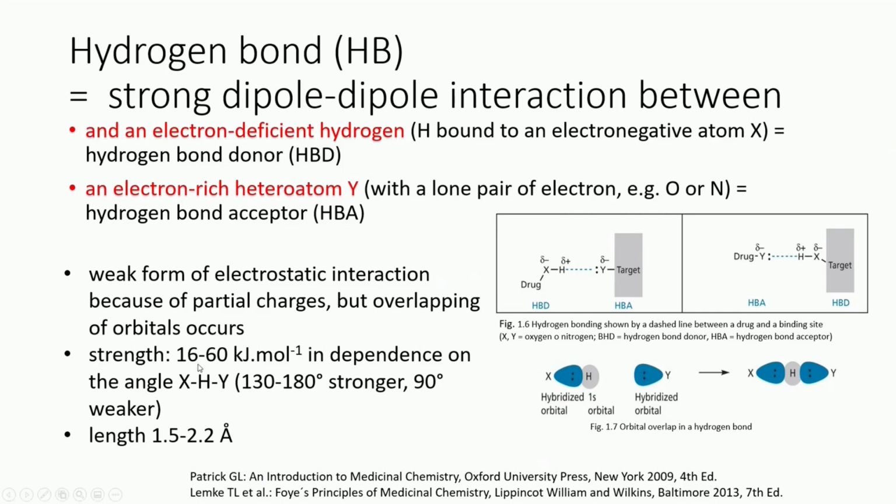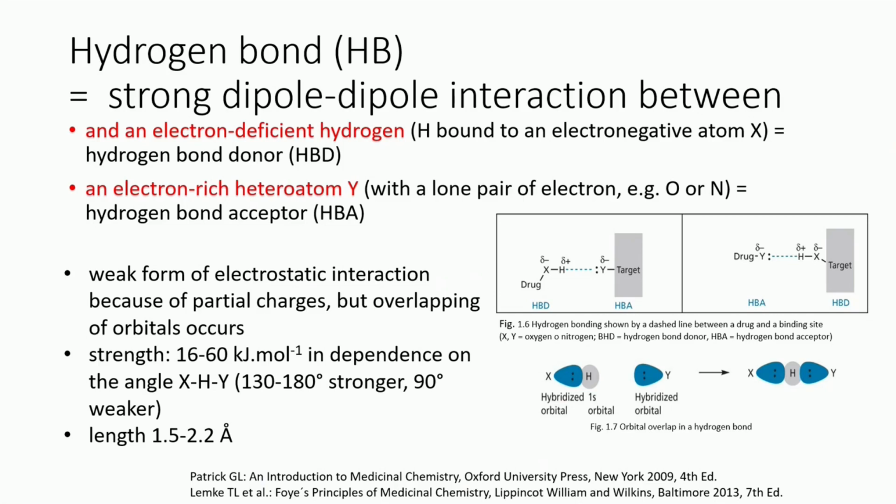The strength of this interaction can vary depending on the functional group that is involved in the interaction, on the distance between the two interacting functional groups in the target and in the ligand, and also on the angle at which the interacting partners come together.